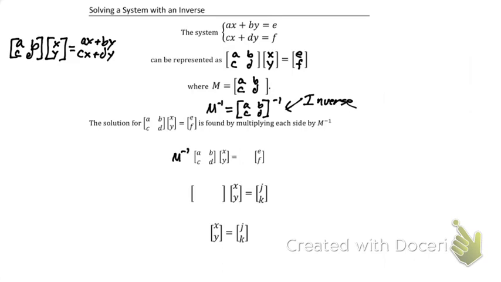If I multiply the left-hand side by the inverse function, a matrix times its inverse becomes the identity matrix. So if I take A, B, C, D, I find its inverse, multiply it to this side, I am left with the identity matrix of 1, 0, 0, 1.